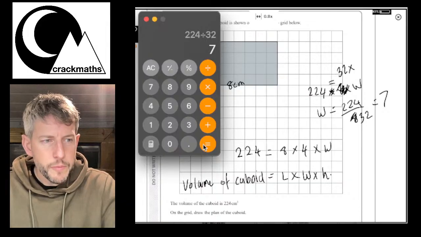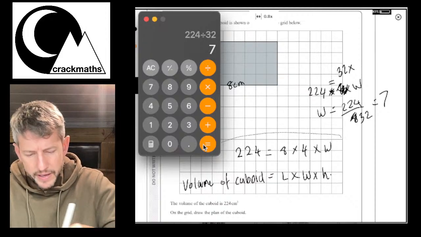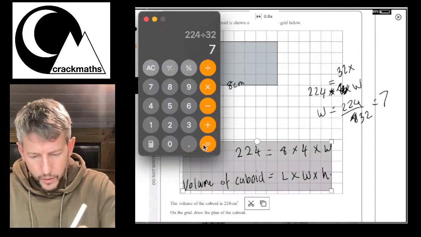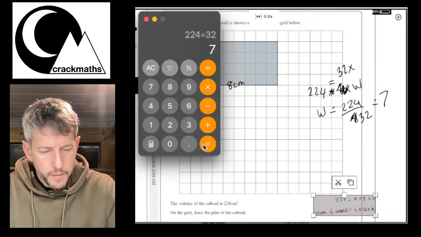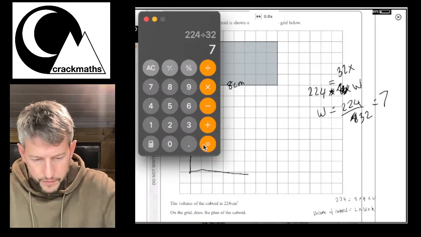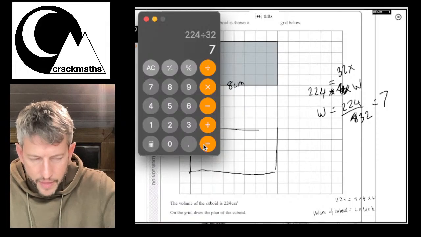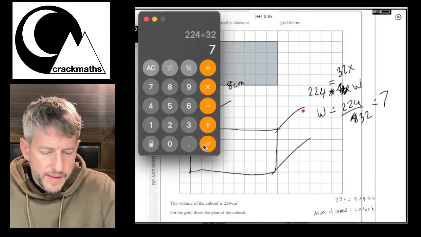So if we picture our cuboid, we just need to think about what's going on. This is our cuboid here. We've got this 4 by 8 face, and then it's going back 7 centimetres.